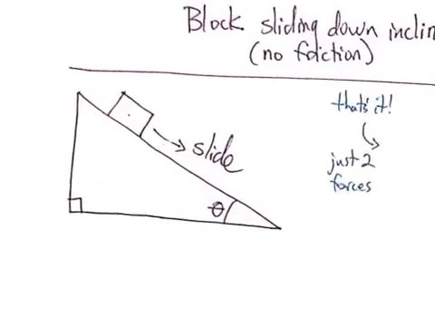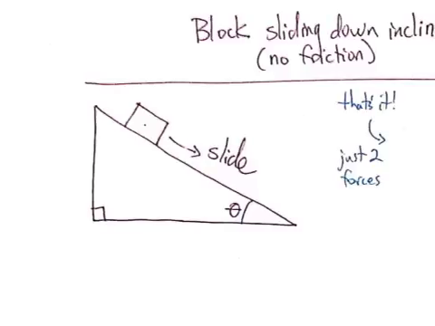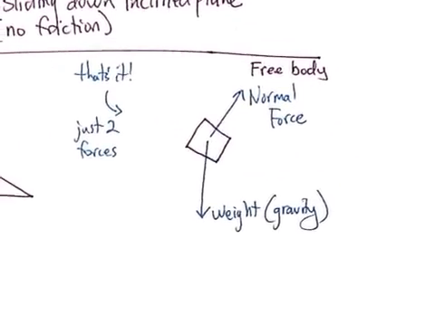So, in the inclined plane, we're assuming no friction in these examples, and we have a block here. And so if we were to draw a free body diagram, this is it. It's only two forces acting on the object. Gravity, weight, pulls straight downward, and then because it's on this inclined plane, the plane pushes on the box.